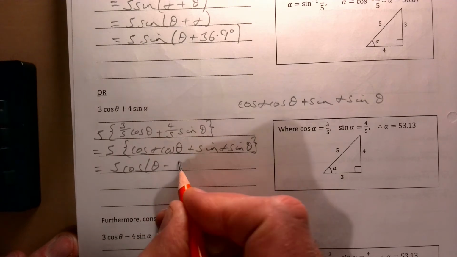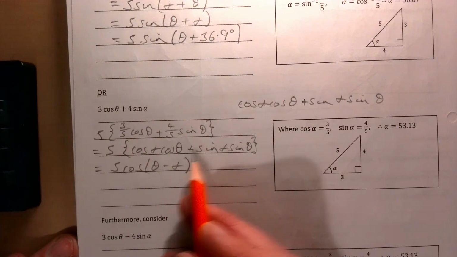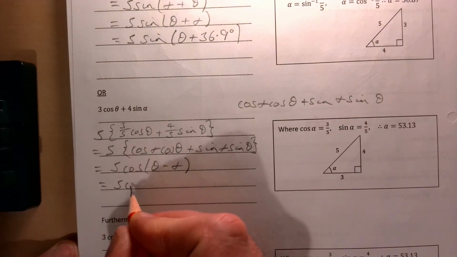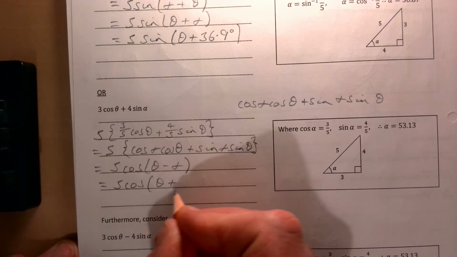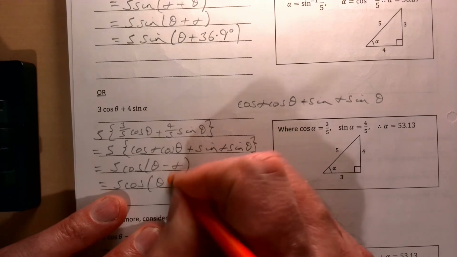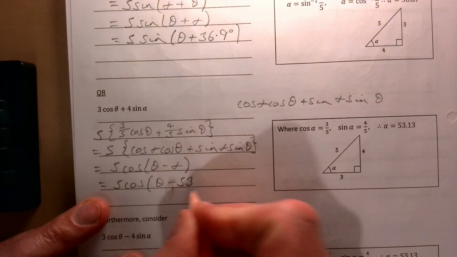And then that's theta minus alpha. If you remember from the formula, the plus gives you the negative one there. And that gives you 5 cos theta minus 53.1 degrees.